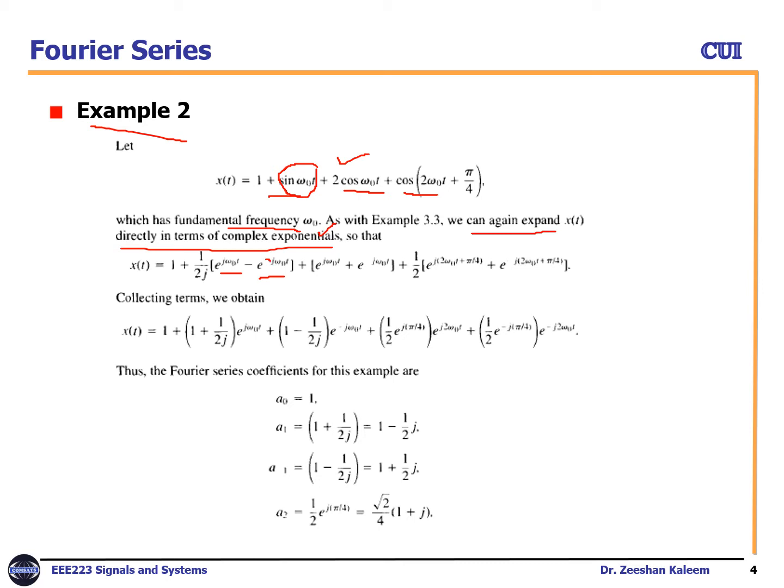We can expand the cos omega naught t as e^(j omega naught t) plus e^(minus j omega naught t) over 2, but because we already have a 2 here, this 2 will be cancelled out.